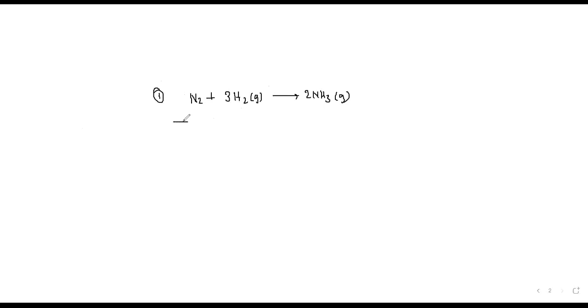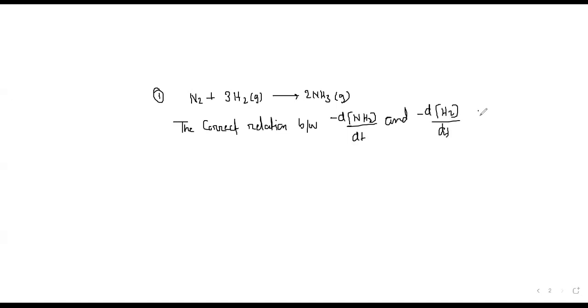The correct relation between dNH3 by dt and minus dH2 by dt is... The options are given.